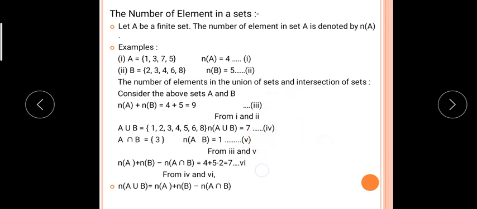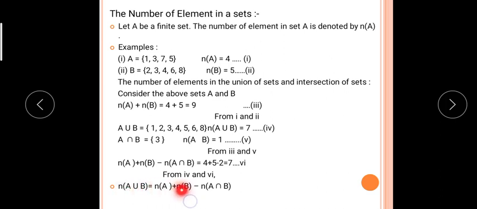Now observe equations 3, 4 and 5. If you observe, you will get n(A) plus n(B) minus n(A intersection B) is equal to n(A union B). 4 plus 5 minus 1 is equal to 7, and n(A union B) is also 7.